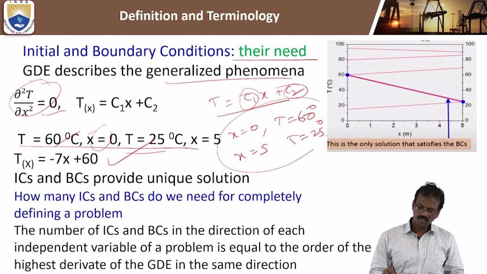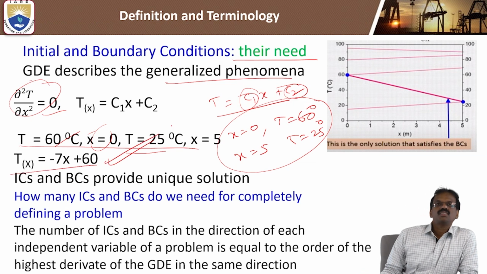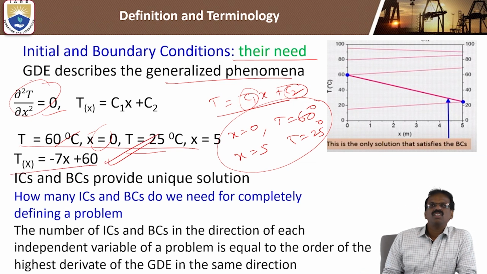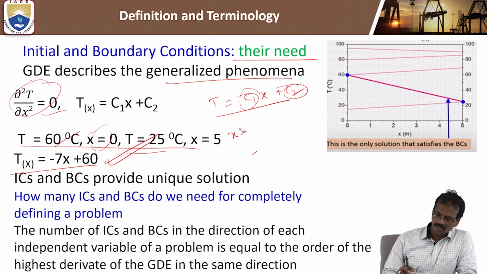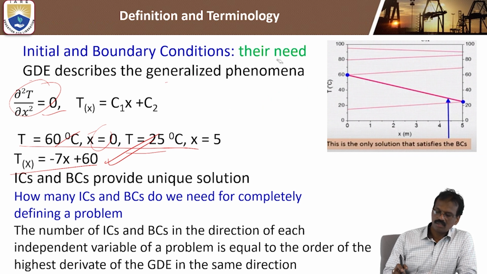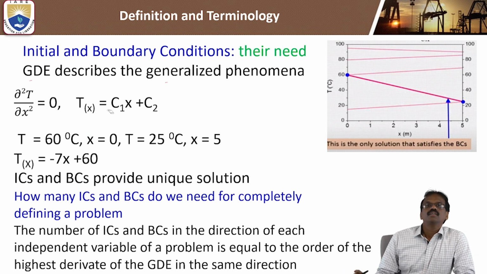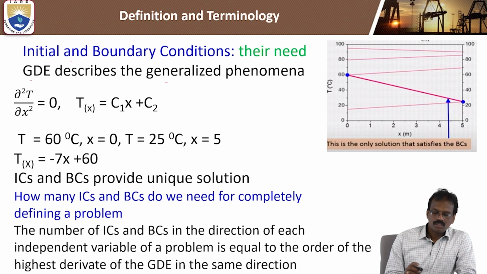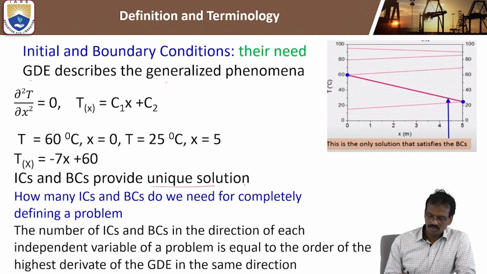Based upon these boundary conditions, we can solve this equation: T is equal to minus 7x plus 60, that is the temperature equation. So boundary conditions are very important for finding the rate of heat transfer in any object, either in cylindrical form, spherical form, or in slab, rectangular form. So initial and boundary conditions provide a unique solution.